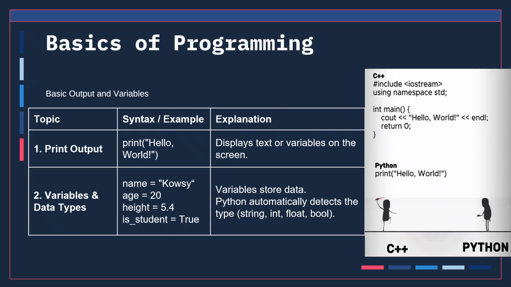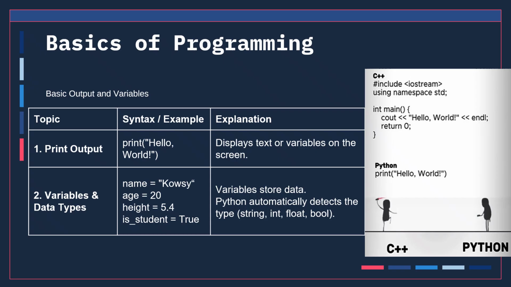Okay, the next one is variables and data types. In other programming languages, we mention the variable type, the data type. If you're using a string type, we use string, and for int you have to mention int, and for 5.5 you have to mention what kind of data type it is, float, and true means boolean, true or false. But in Python, you no need to mention it.